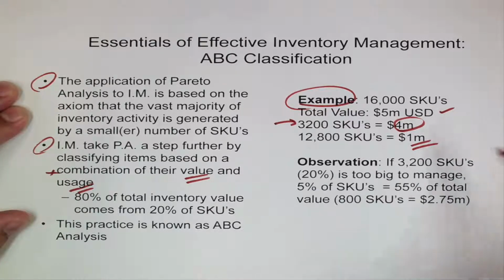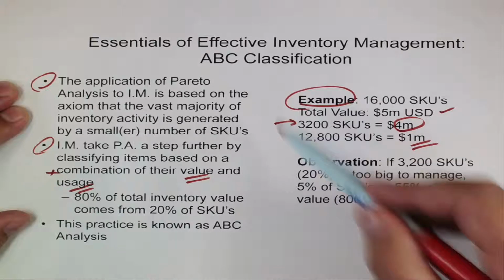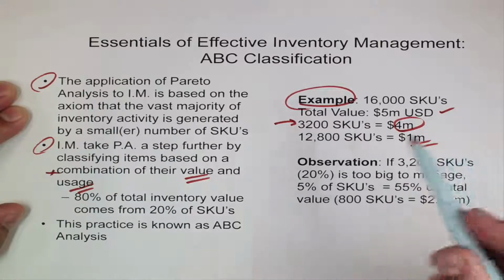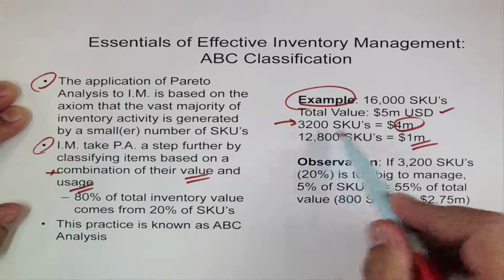So for the sake of conversation, let's say that this is our total universe that we're operating in, and we have an issue with our inventory. Accuracy, order fill rates aren't complete, orders are wrong. If we have some series of problems with our inventory, and we need to really prioritize, to really focus, at least from a beginning perspective, and allocate resources in a prudent way, it's reasonable to say that we'll start with the 3,200 SKUs.